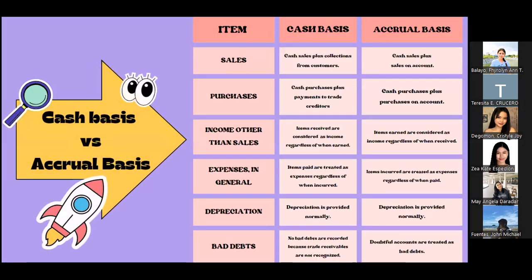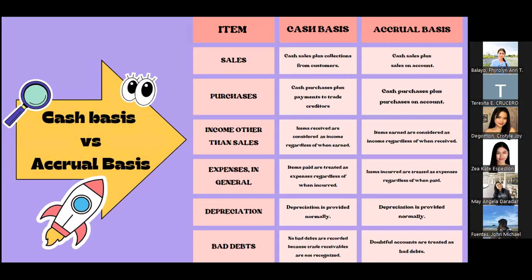So at this point, we're going to differentiate the differences between cash basis and accrual basis of accounting. First item, we have sales. Under cash basis, sales is equal to cash sales plus collections from customers.